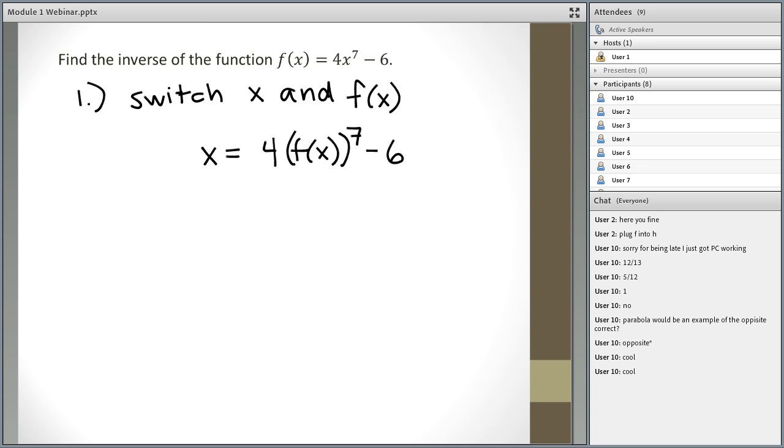There we go. Sorry, I was on the next step. So we have x equals 4 f of x to the 7 minus 6. So I switched the x and the f of x. The next step is now to change the f of x to an f inverse. And you can do steps 1 and 2 at the same time if you would like, which is what I just did.